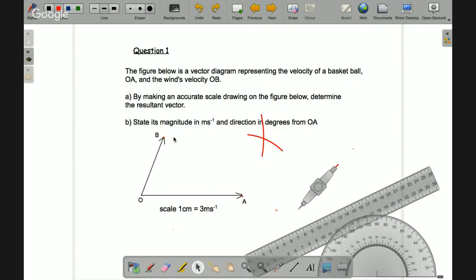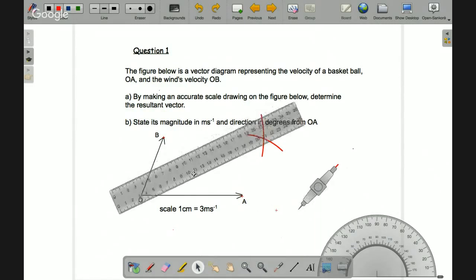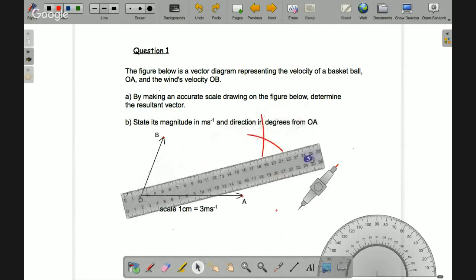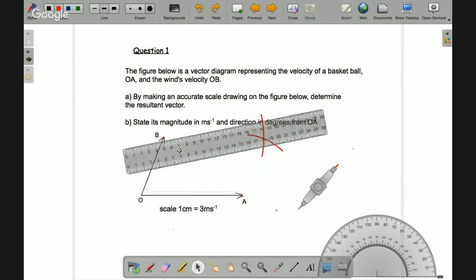Okay, so to complete the parallelogram, right, we use the ruler. Just kind of bear with me a little while.